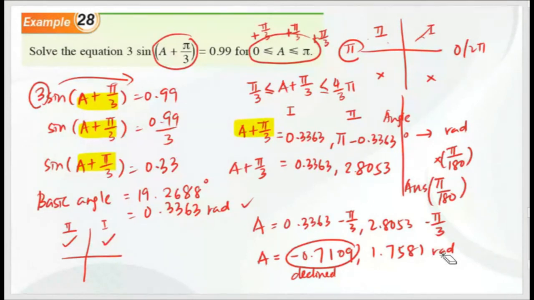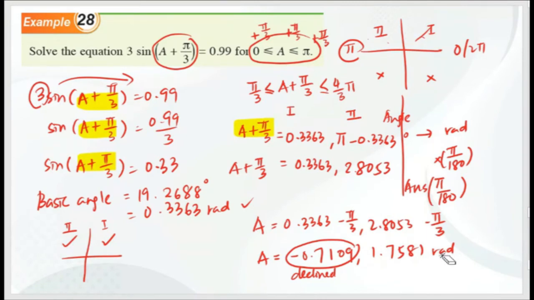If you change negative 0.7109 into degrees, multiply by 180 over pi, the angle will be 40 degrees something.